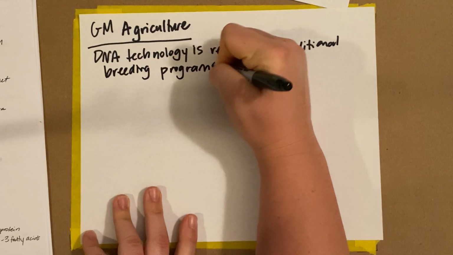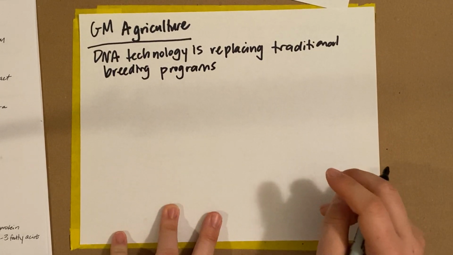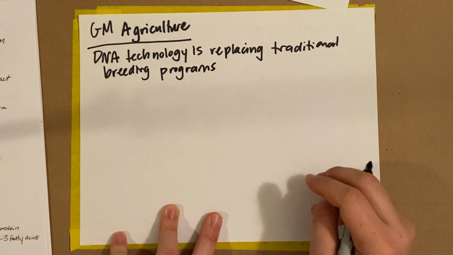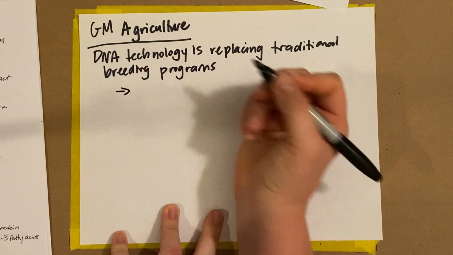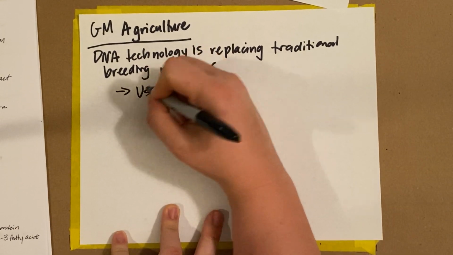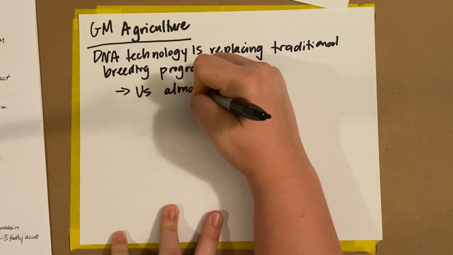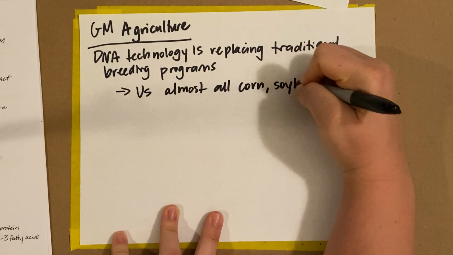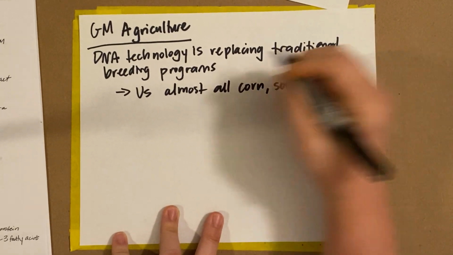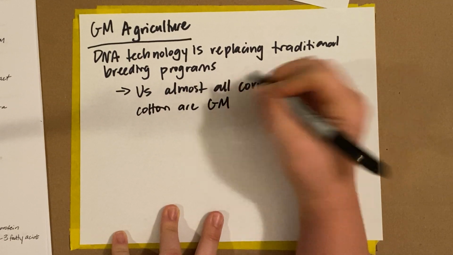programs. Okay, not all. There are people that breed specific types of animals that do not use genetically modified or DNA technology. So at this time, in the US, almost all corn, soybean, and cotton are genetically modified.